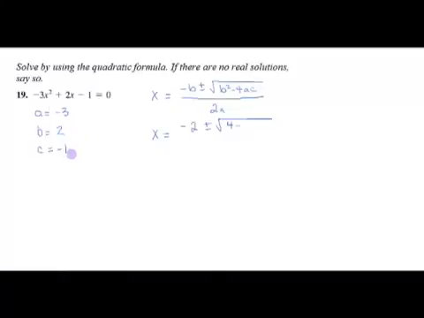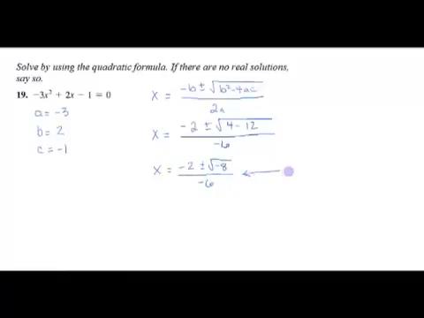So a times c is a positive 3, times 4 is 12, all over 2 times a, we get a negative 6. So this is x is negative 2 plus or minus the square root of negative 8 all over negative 6.